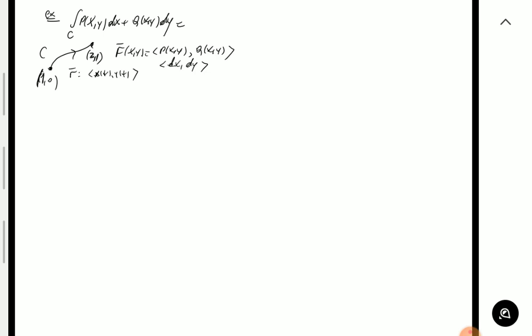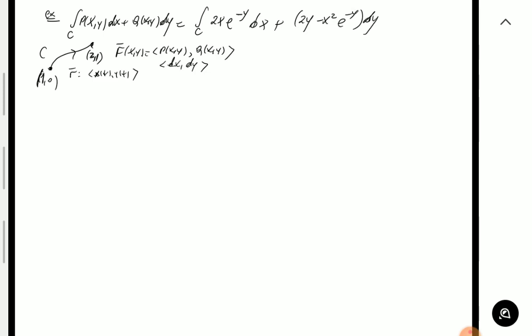So let's say in our example I want to compute the line integral of 2x e to the minus y dx plus the quantity 2y minus x squared e to the minus y dy.